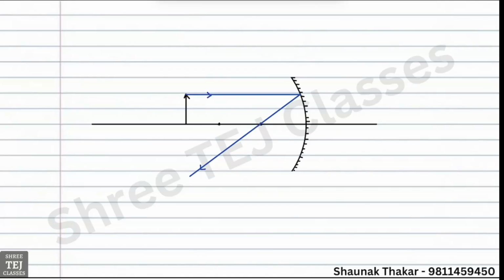Now the second ray will be passing through focus. After reflection, it will go parallel to the principal axis. So incident ray passing through focus F, reflected ray going parallel to the principal axis.